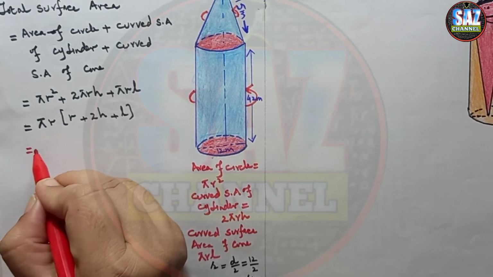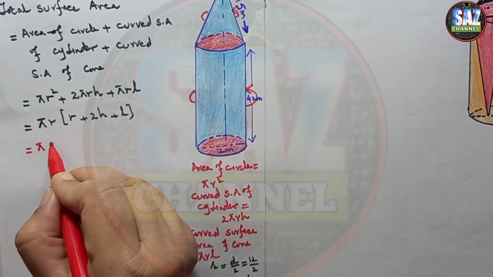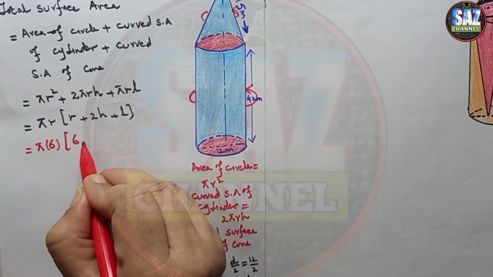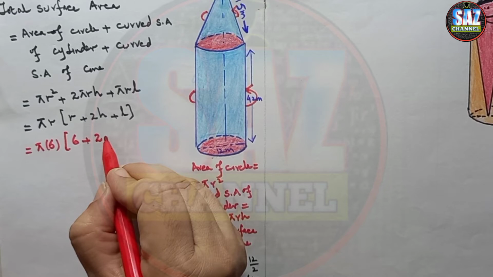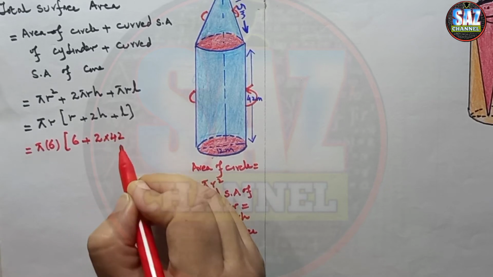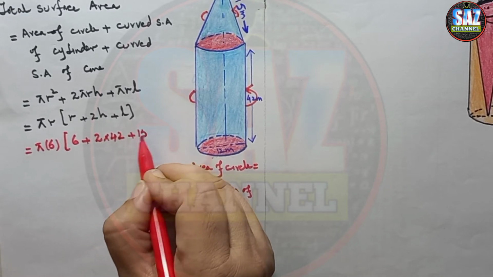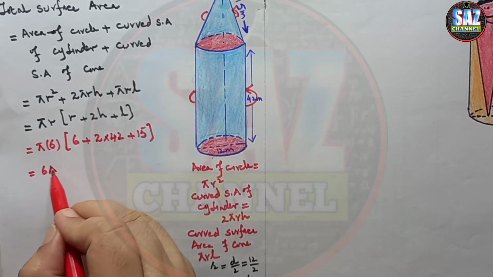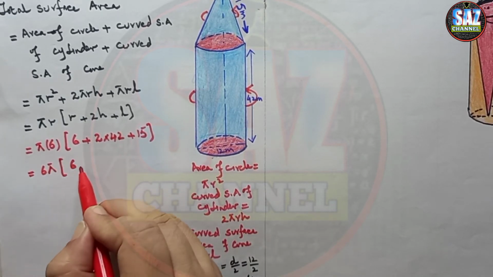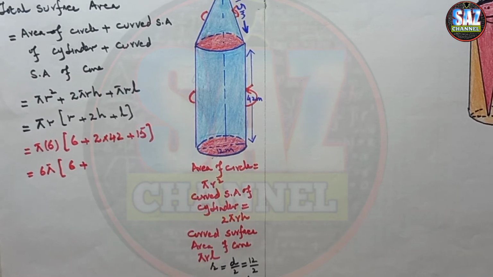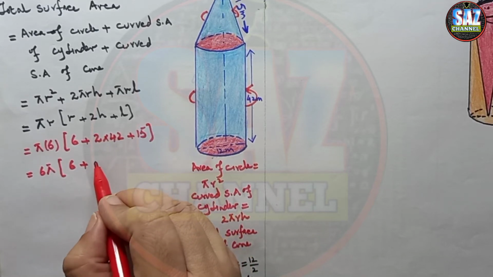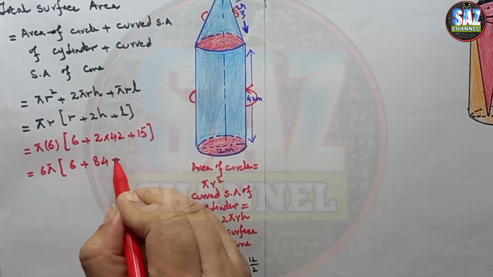R is 6, pi and r 6, and then 6 plus 2 multiplied by 42 plus 15, and now this will become 6 pi, and 6 plus 42 times 2 is 84, plus 15.